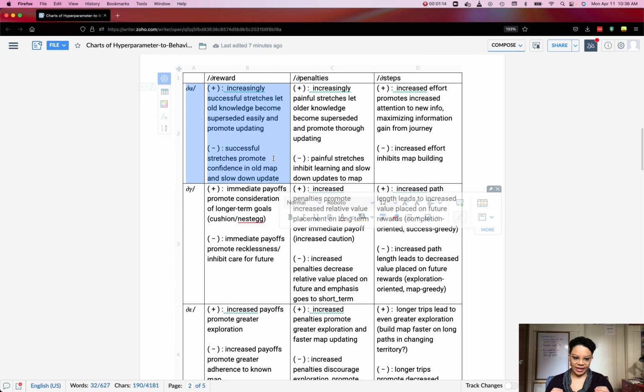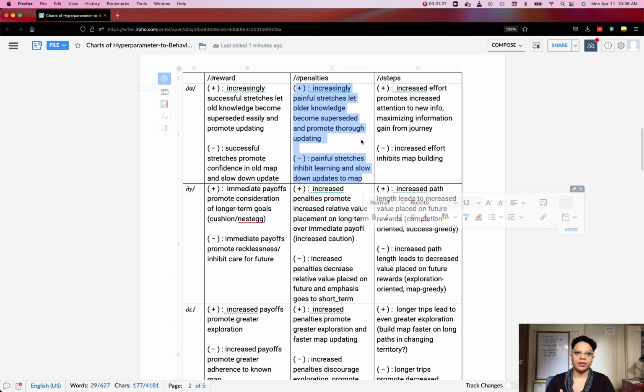We can also look at changing alpha with respect to penalties. So if alpha increases as penalties go up, that means that increasingly painful stretches let older knowledge become superseded more quickly and promote a more thorough updating. Whereas if alpha decreases in response to an increase in penalties, that means that painful stretches slow down learning and slow down updates to the map.